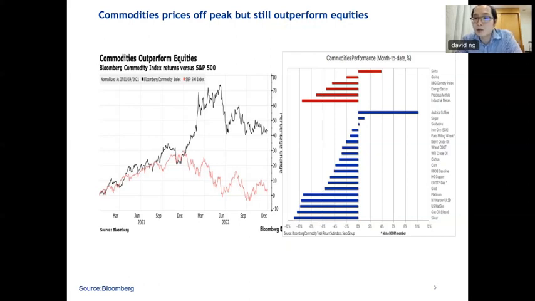Now, not all commodities are the same. If we look at the performance of the commodity basket itself, the soft agriculture commodities like coffee and even sugar are actually experiencing all-time highs. And in fact, that's why inflation is finding it very difficult to come down, because imagine, you have to be prepared to pay a higher price for your next Starbucks coffee, because the price of coffee and sugar is still on the high side.